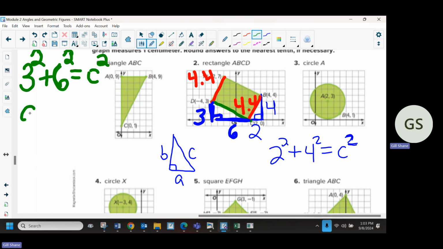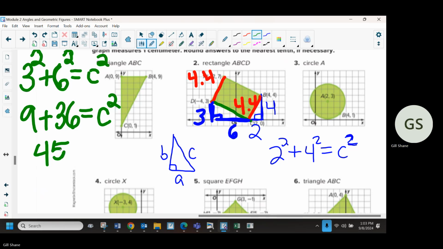So if I square that, 9 plus 36 equals C squared, 45. And then I need C. Plus, I should know 45 can't be the length of that if the bottom side is 6 down here.